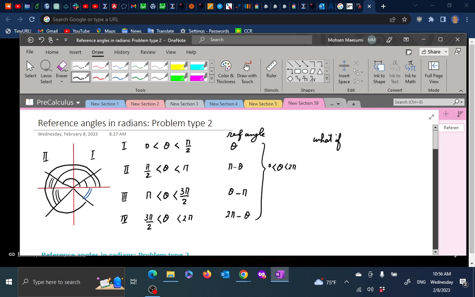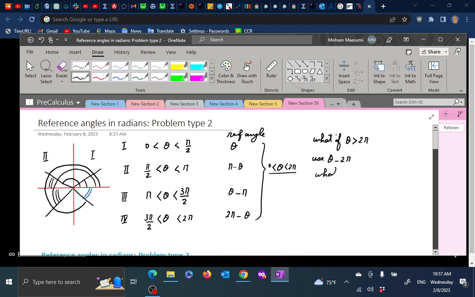What if my angle is more than 2 pi? Then subtract 2 pi from it. And if it's still too large, subtract another 2 pi until it is in the range we have here, between 0 and 2 pi.